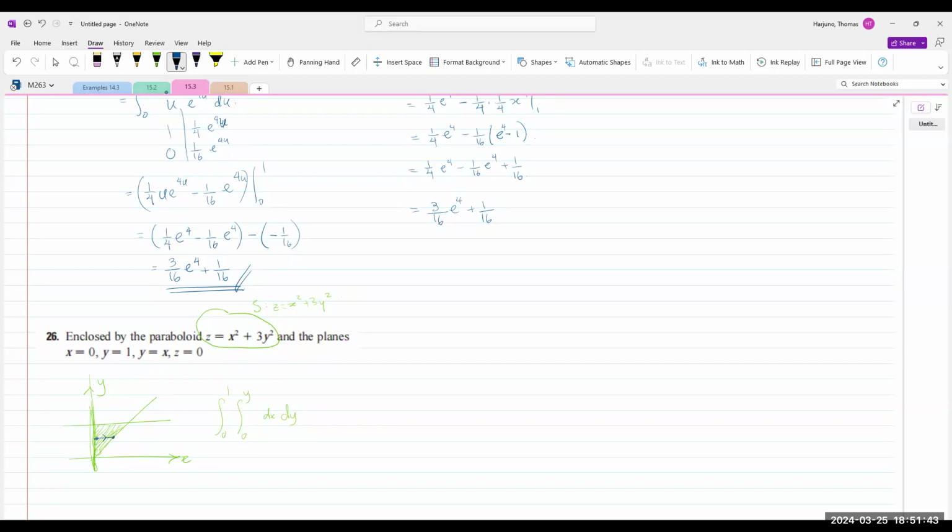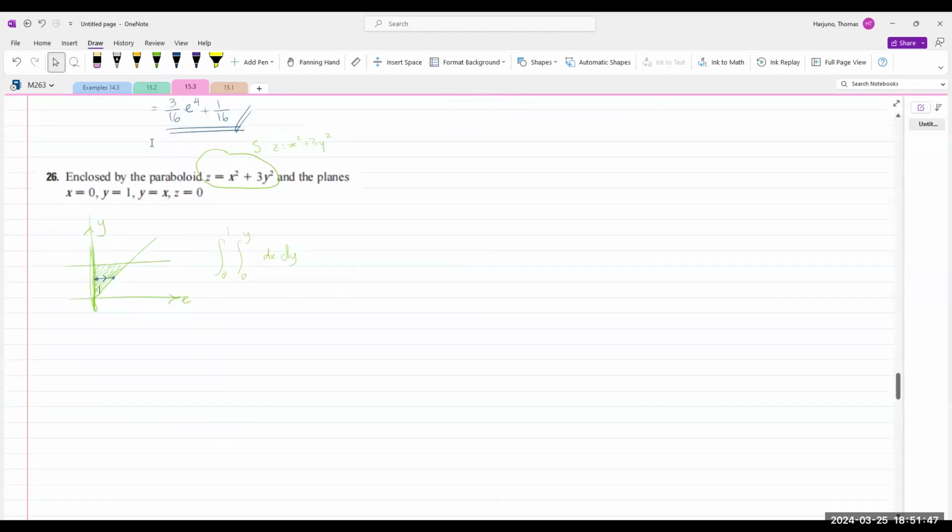Now, the actual work solution will be the double integral from 0 to 1, 0 to y of x squared plus 3y squared dx dy.